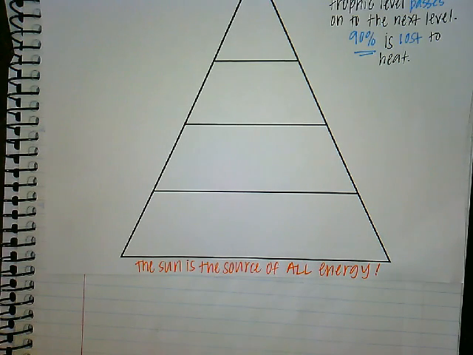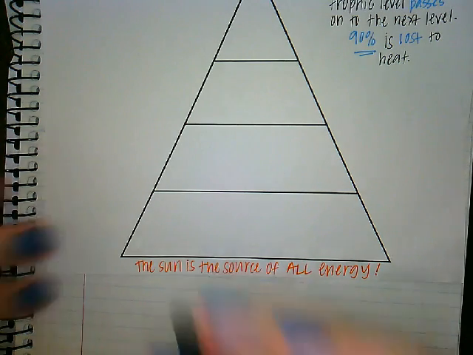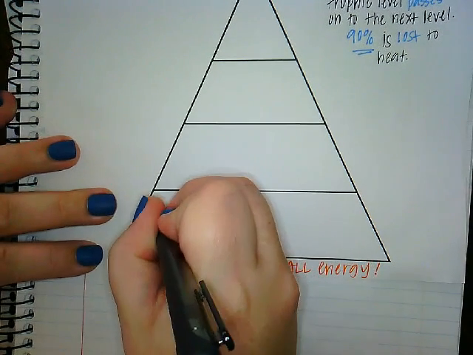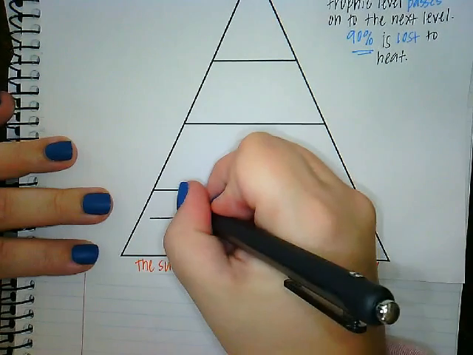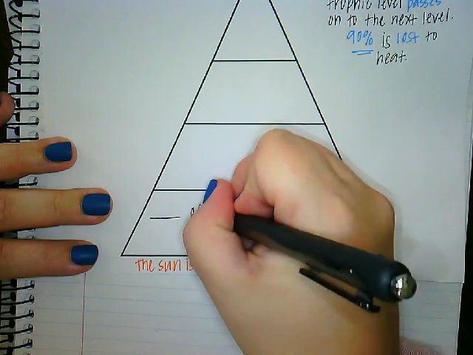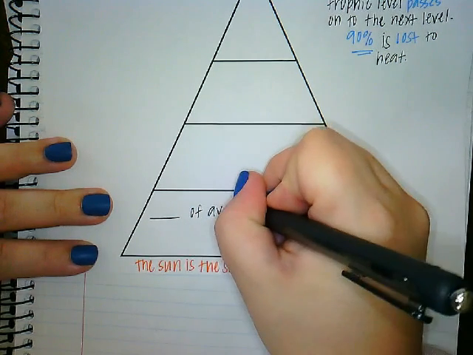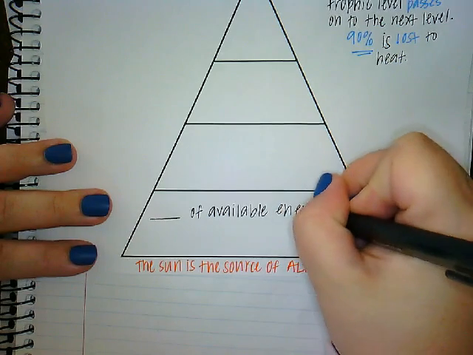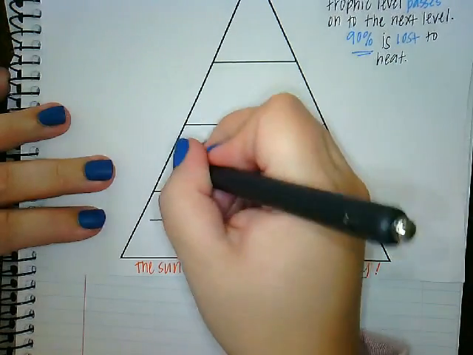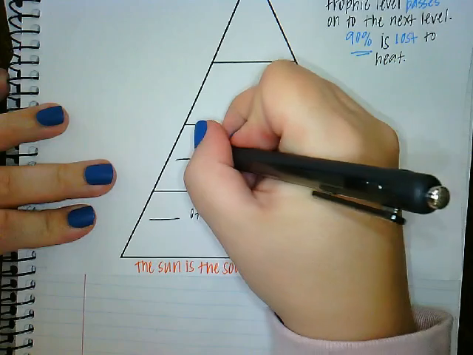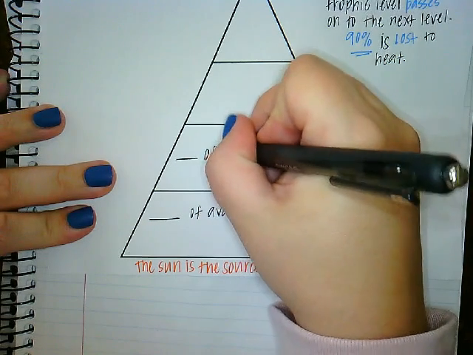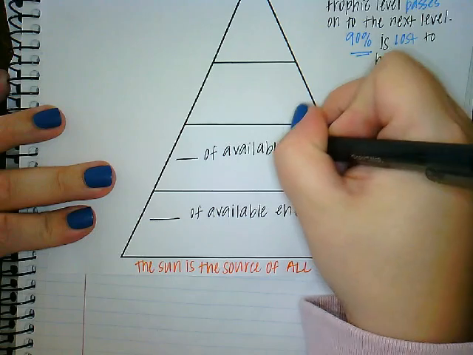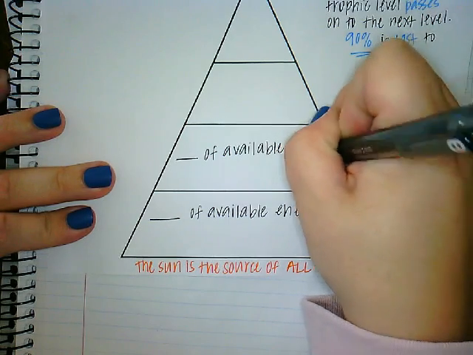All right, and we are going to go ahead and kind of give ourselves a little guide in here. So in each box, I'm going to write the following. I'm going to put a blank, and I'm going to say of available energy. Okay, blank of available energy.